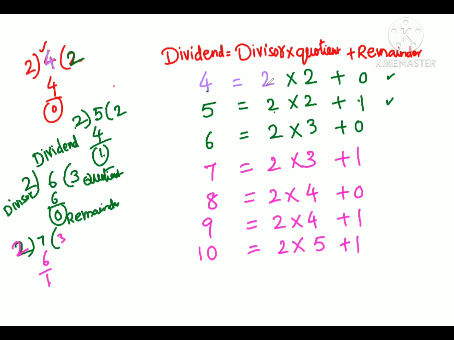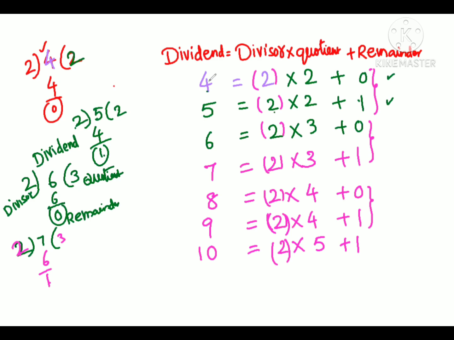The divisor is constant here because we are dividing by 2, and the numbers are variables. The quotients are different, but the remainders are 0 and 1, 0 and 1, 0 and 1. We are getting remainders 0 and 1 only.